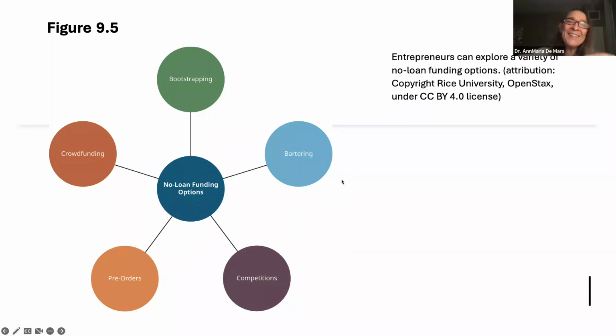Bartering, I was really interested to see that some of you in your business plans included bartering because I hadn't thought of that. But sure, that's an option. And one place that I do see it is in food and beverage organizations like Anheuser-Busch or some of these different food companies. They will give product to stores or restaurants in exchange for marketing.